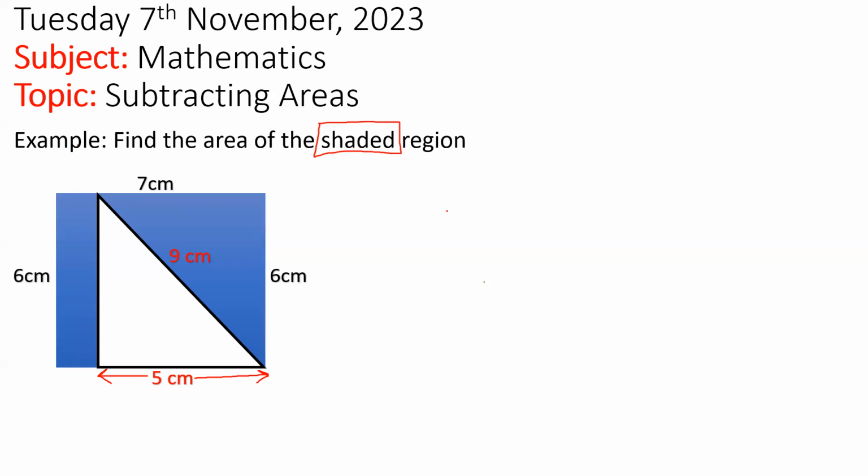We're gonna shade in the part that has blue, aka the square. Okay, interesting. Anyone else wanna try? How are we gonna find the area of the shaded region?